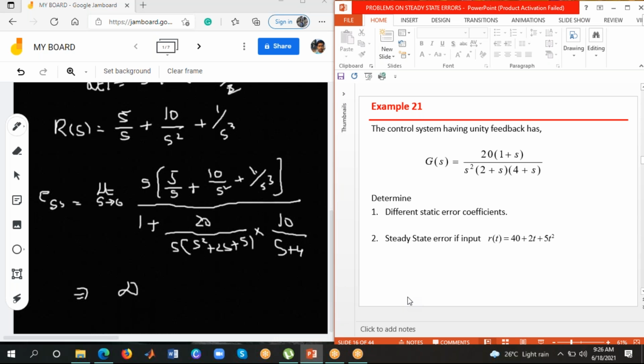Next, this is the second one. Let me see this problem. Find the steady state error coefficients KP, KV and KA for this transfer function.